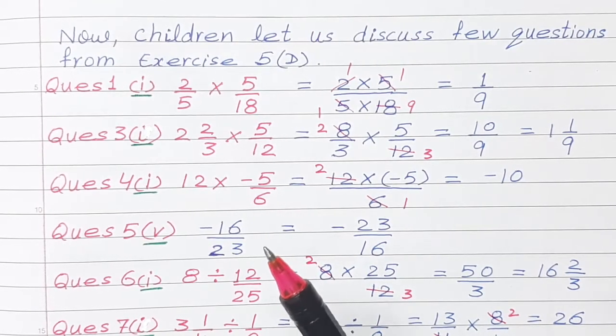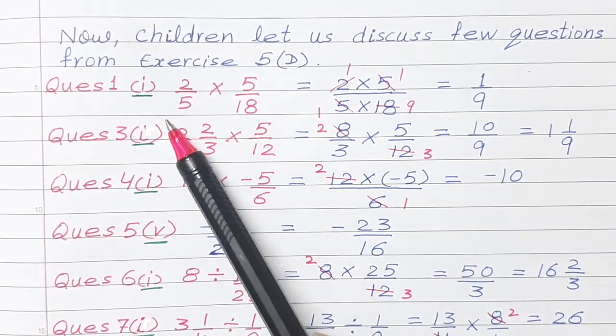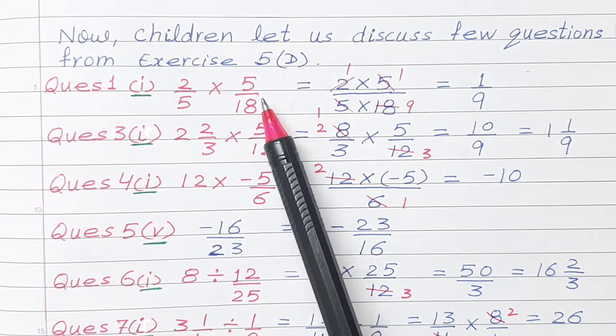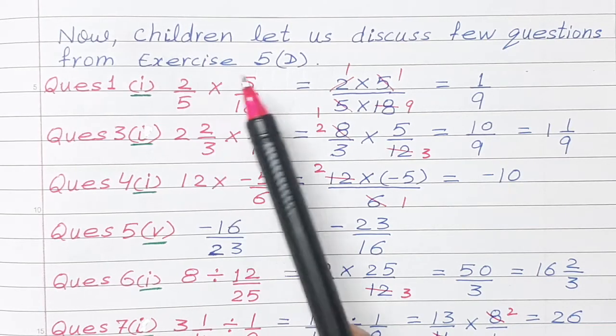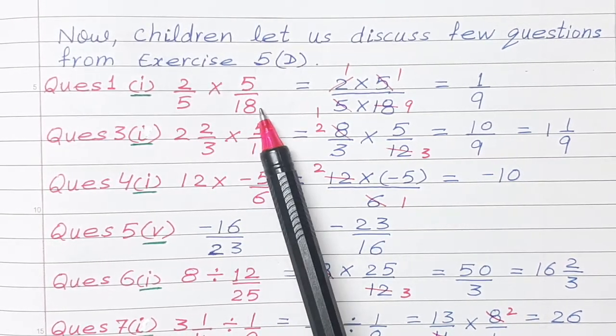Now children, let us discuss a few questions from exercise 5D. Now in question number 1, we have to multiply the two fractions. So children, as per the rule, we multiply the numerator with the numerator and denominator with the denominator.